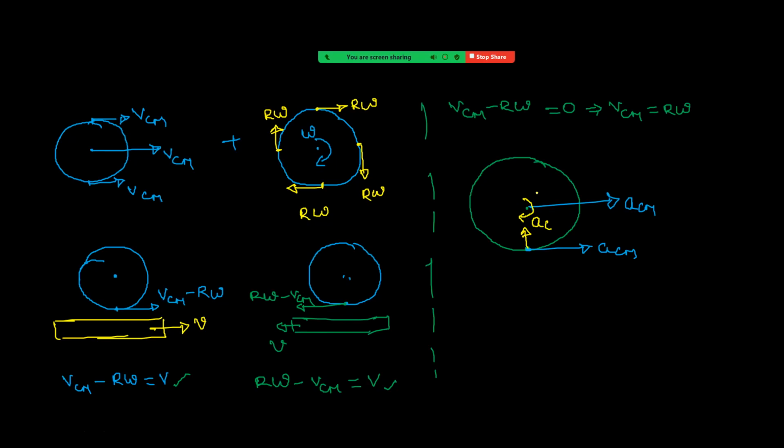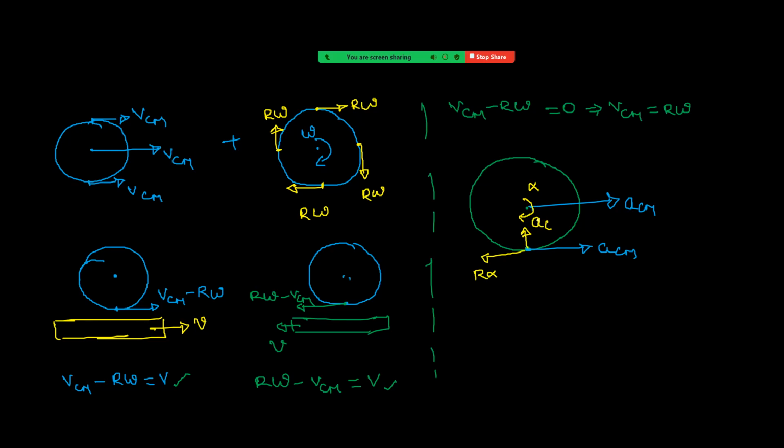Okay, that means I'm taking alpha as clockwise. When alpha is clockwise, the tangential acceleration will be r alpha. So here omega may be clockwise or anti-clockwise. That is not important. We have to focus on the direction of alpha. The direction of alpha in this diagram is clockwise. Therefore, r alpha will be to the left side.